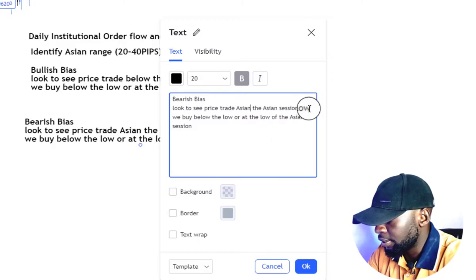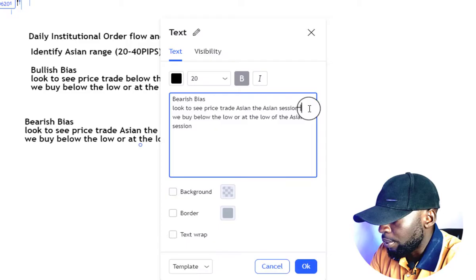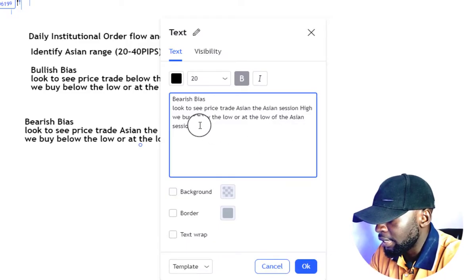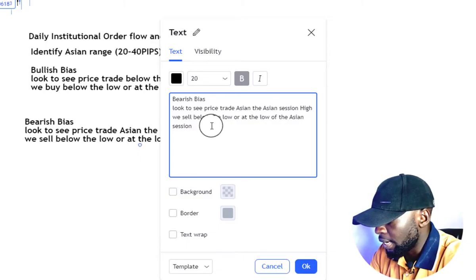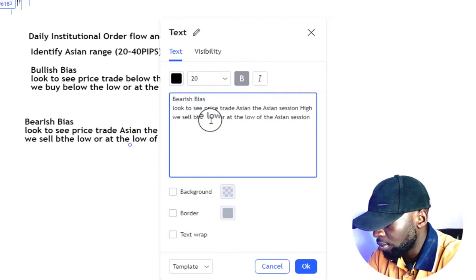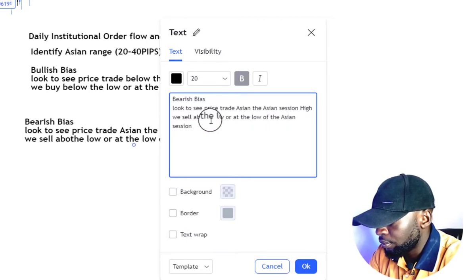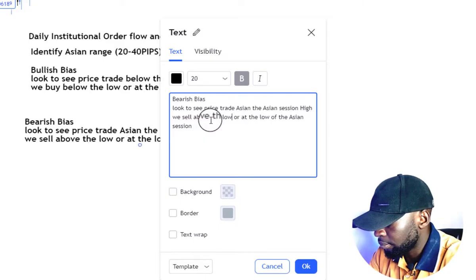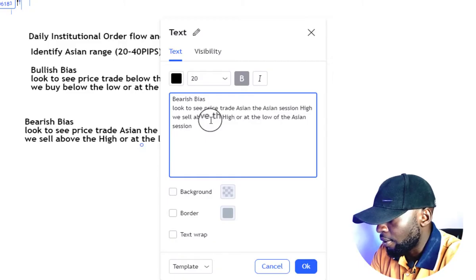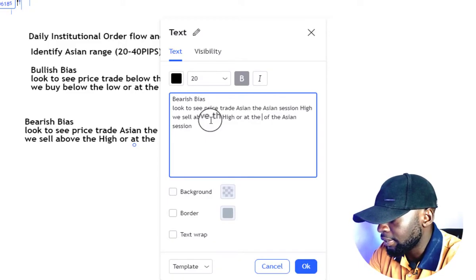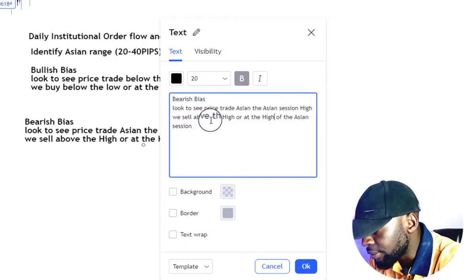Okay, above the Asian session high, and we will be selling above the high of the Asian session, or at the high, either above the high or at the high of the Asian session.